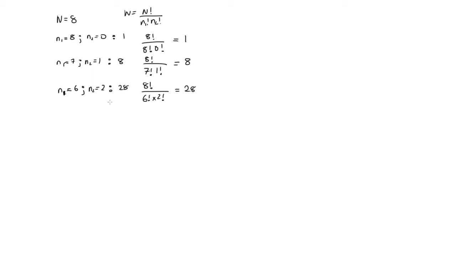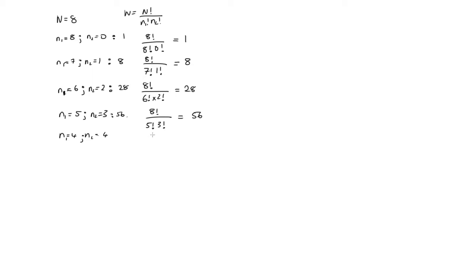So this is 28. n1 is equal to 5 and n2 is equal to 3 will be the next one. So that's 8 factorial over 5 factorial times 3 factorial. Calculating that on the calculator we end up with 56. So this is 56.